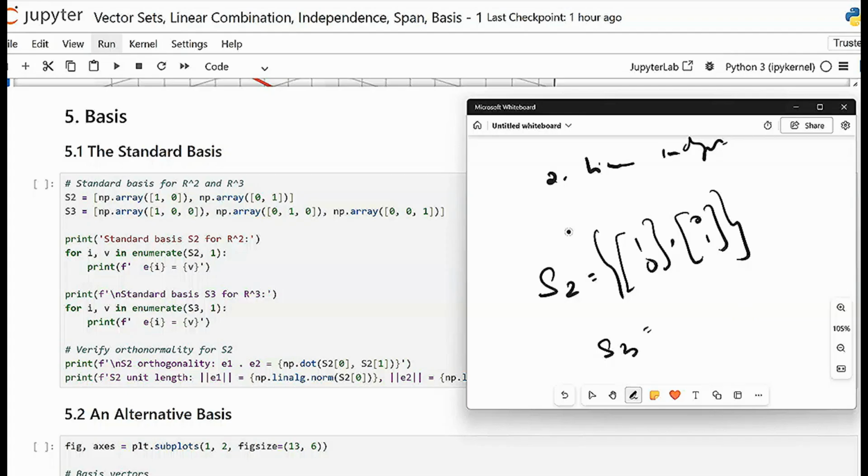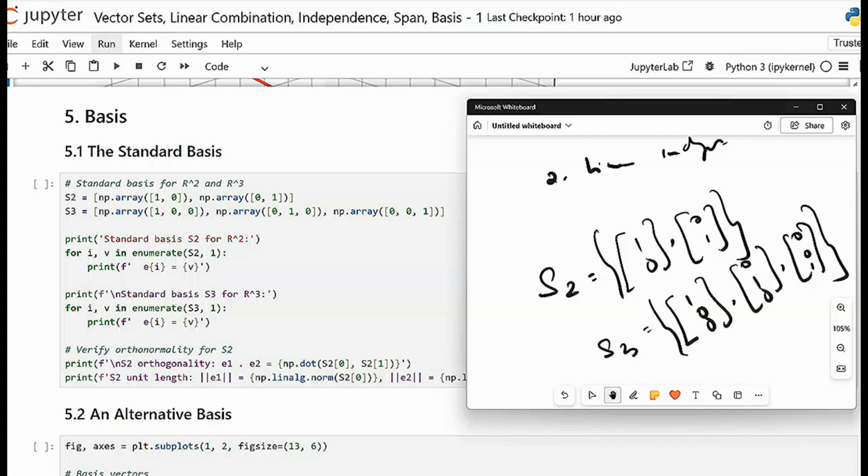Of course, it is also a standard basis. This is 1 comma 0 comma 0, then 0 comma 1 comma 0, and lastly 0 comma 0 comma 1.